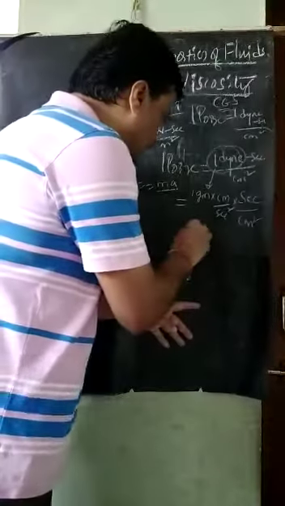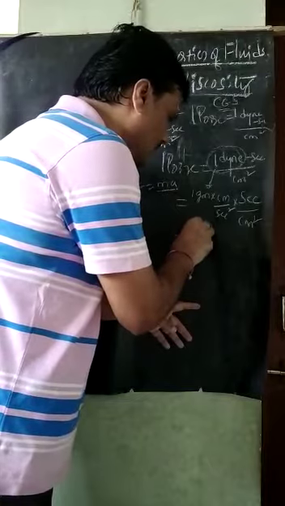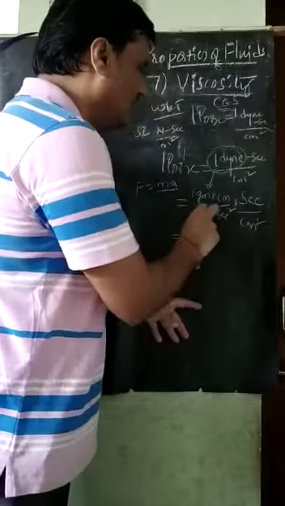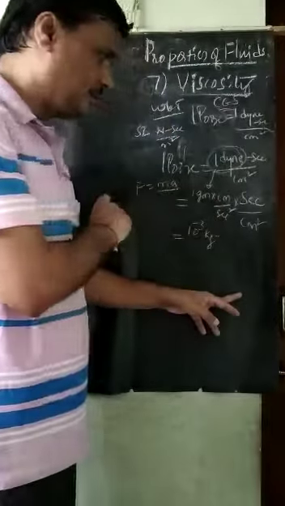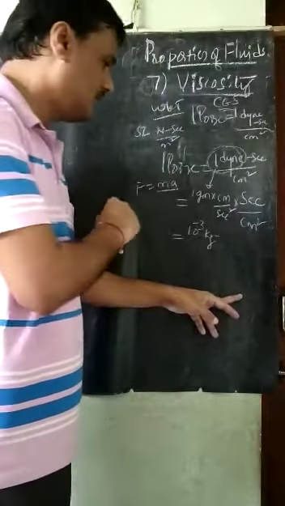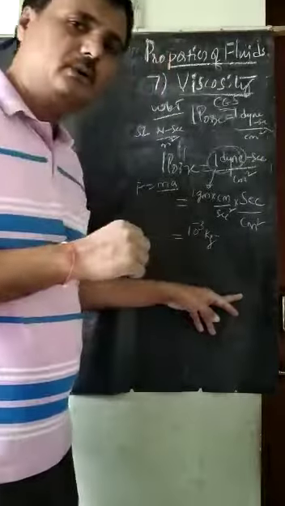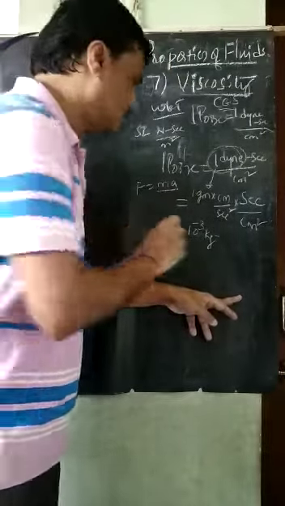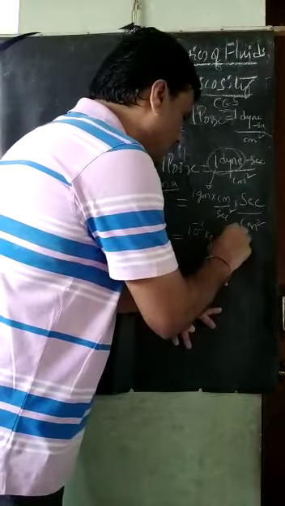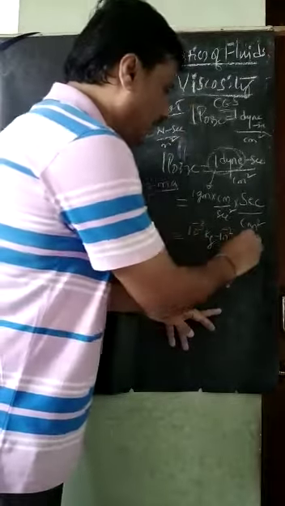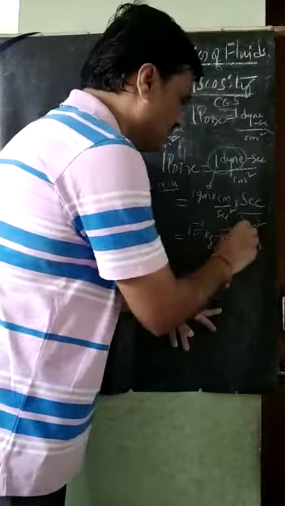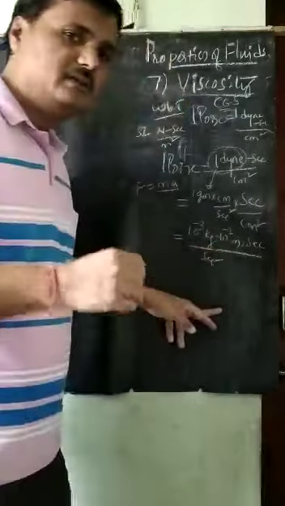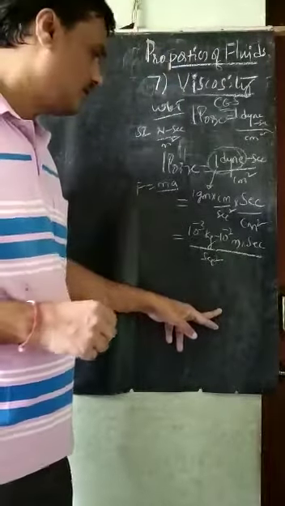So therefore it is 10 raised to minus 3 kg, and I will convert the centimeter to meter. How to convert? 100 centimeter is equal to 1 meter. So therefore it is 10 raised to minus 2 meter. I will keep this second as it is, divided by the second square as it is, because this is the same for MKS, SI as well as CGS.